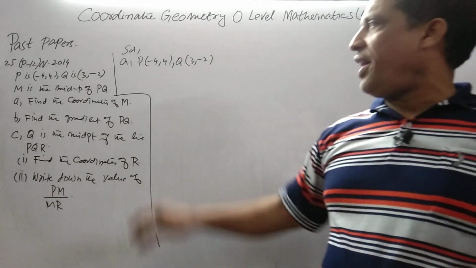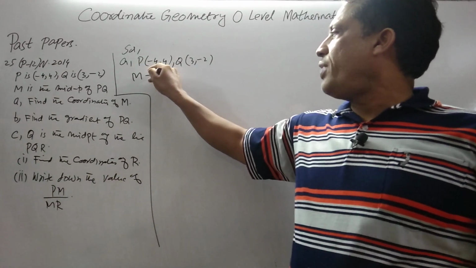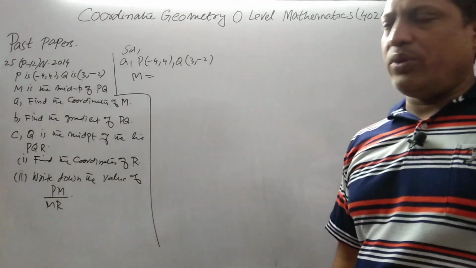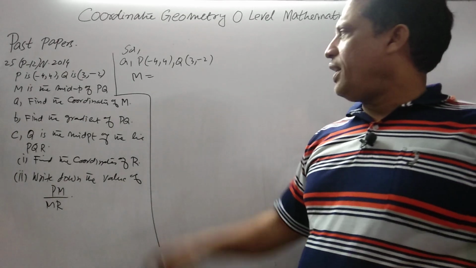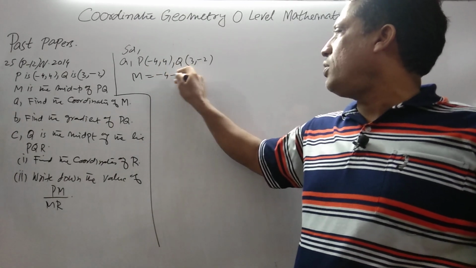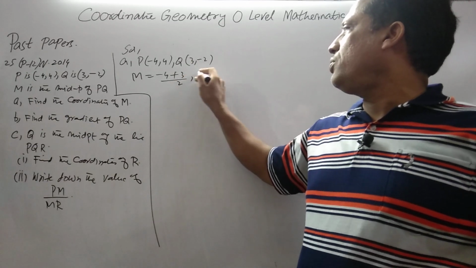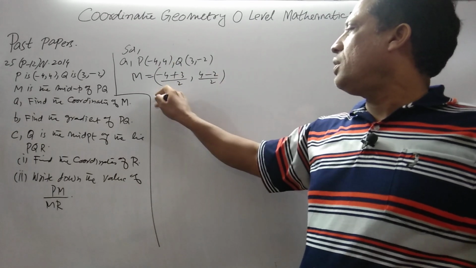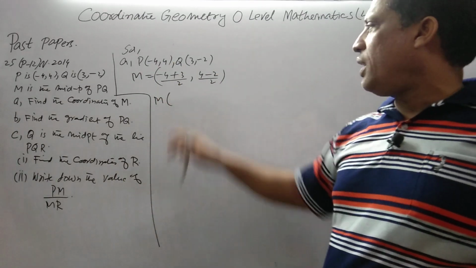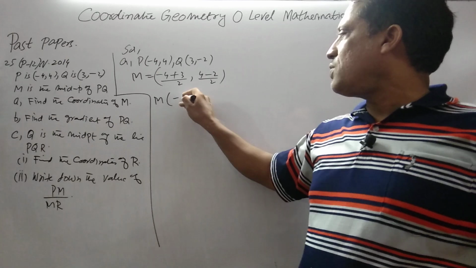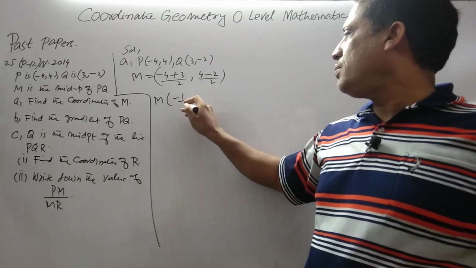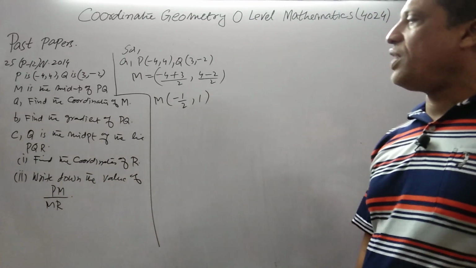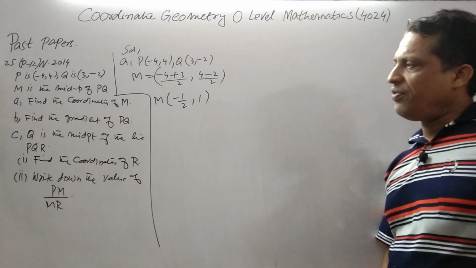Find the coordinates of M. So the coordinates of M are, we have to write the formula of the midpoint: x1, minus 4, plus x2 over 2, y1 plus y2 over 2. Therefore, the coordinates of M are minus 4 plus 3 is minus 1 upon 2. 4 minus 2 is 2, 2 upon 2 is 1. So (minus 1 upon 2, 1) is our final answer.